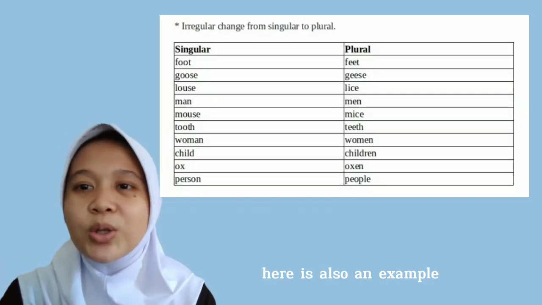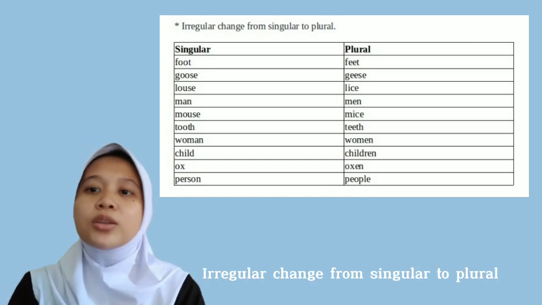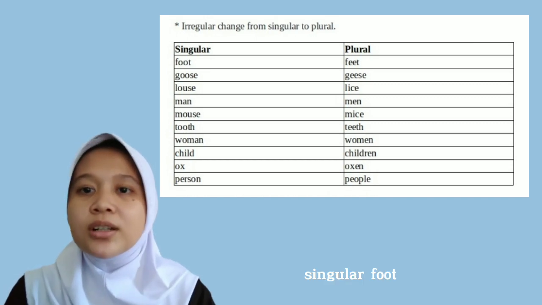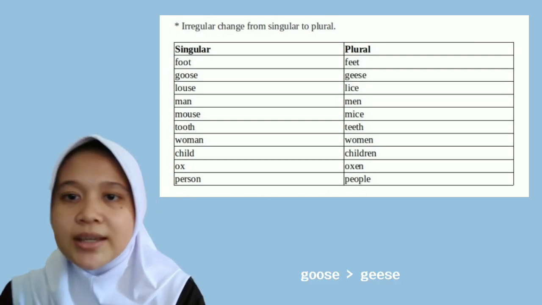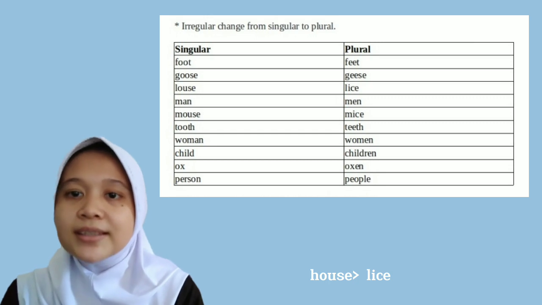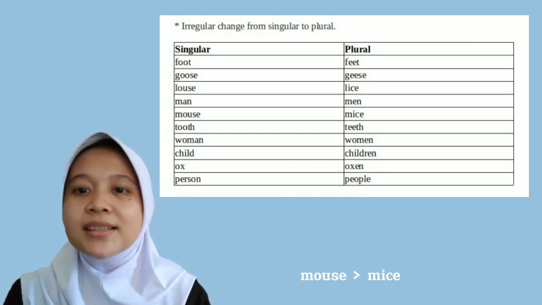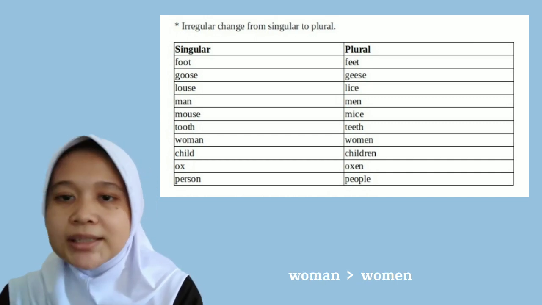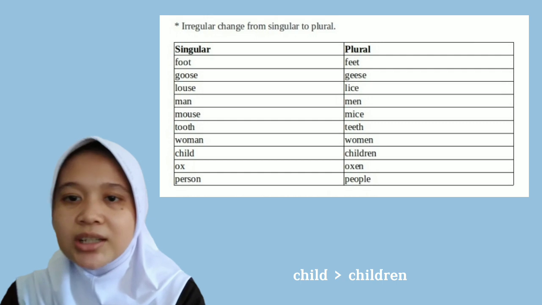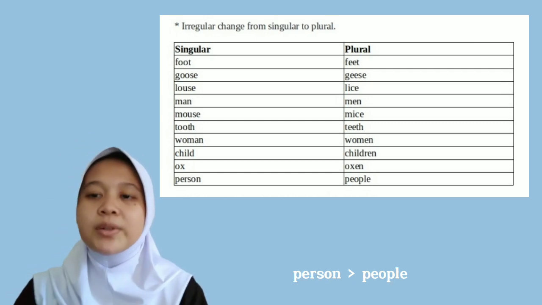Here is also an example of irregular change from singular to plural. Singular: foot, plural feet, goose geese, louse lice, man man, mouse mice, tooth teeth, woman woman, child children, ox oxen, person people.